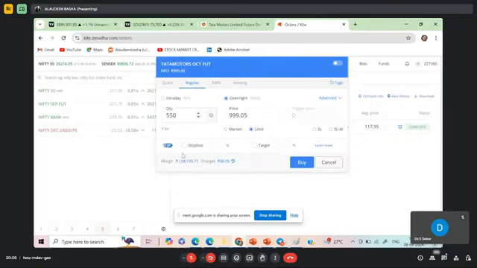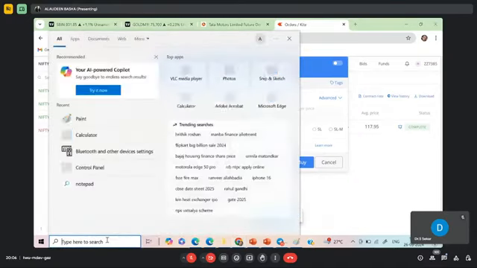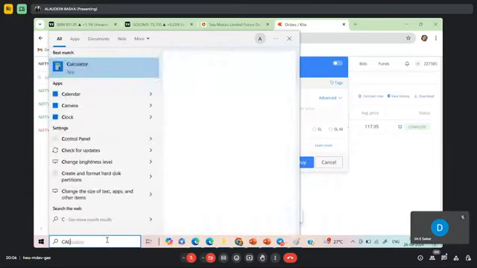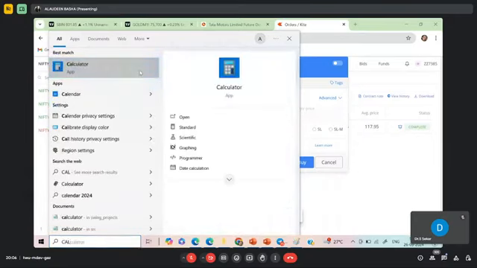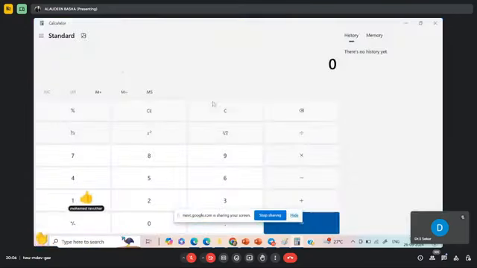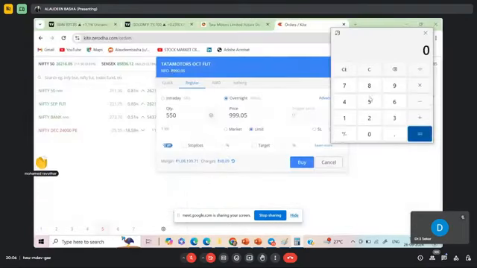What's the margin value? 1 lakh 8,000. Almost 1 lakh 10,000. What's the market price? 999, almost 1,000 rupees. But if you really want 550 quantity at 999, how much capital do you need? 550 into 999.